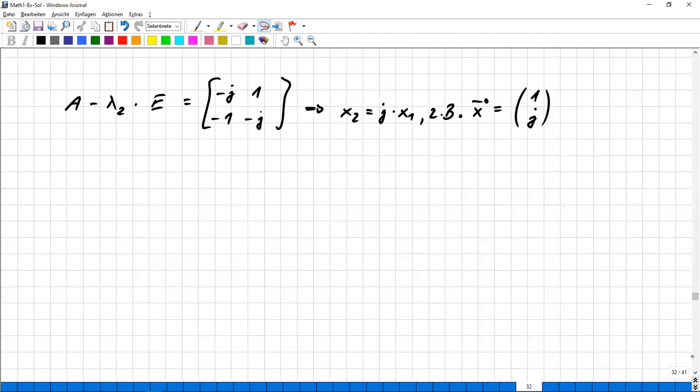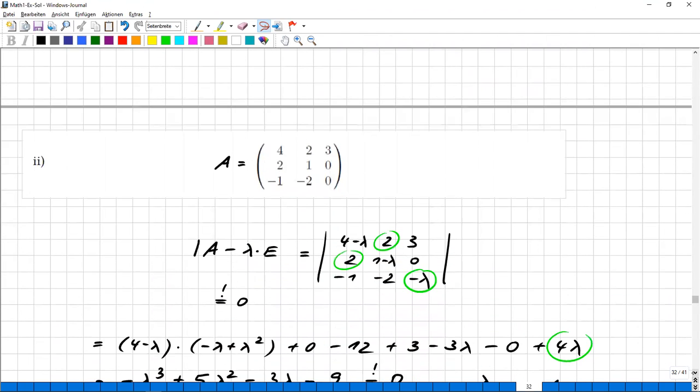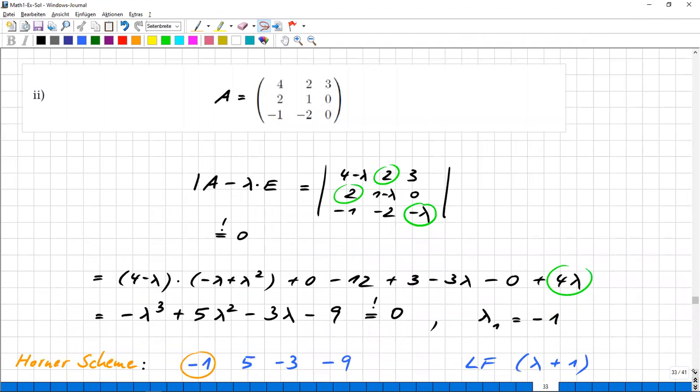About the same holds in analogy for the second solution. I wanted to have a short look at this because here we have an interesting case. It's quite the same procedure as before, constructing this polynomial of lambda. Again, I would recommend Sarrus' rule.